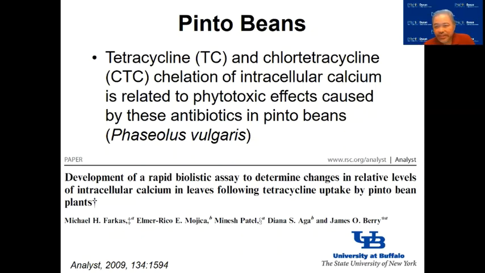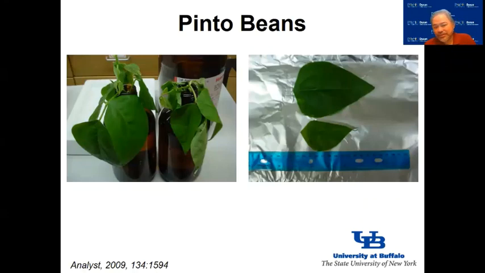Okay, and we found out the mechanism why it has this phytotoxic effect. So we're able to publish the results that we have. Development of rapid pyrolytic assay to determine changes in relative levels of intracellular calcium in leaves following tetracycline uptake by pinto bean plants.